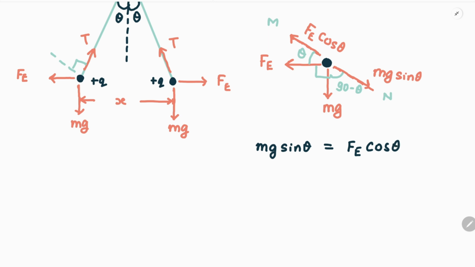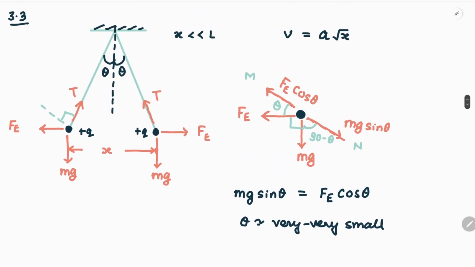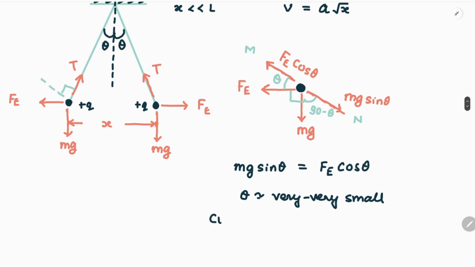So at every point the charge is to be considered in equilibrium, and theta is very small, as per the data which states that x is less than L. So if theta is very small, then cos theta can be taken as 1, and sine theta can be approximated as theta or tan theta, which can be written as x by 2L.